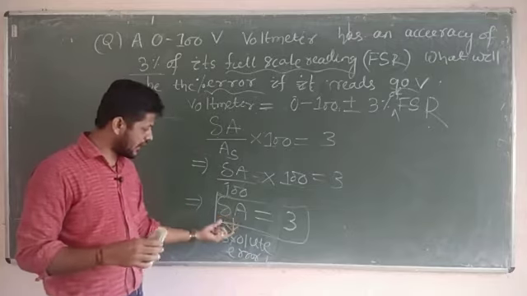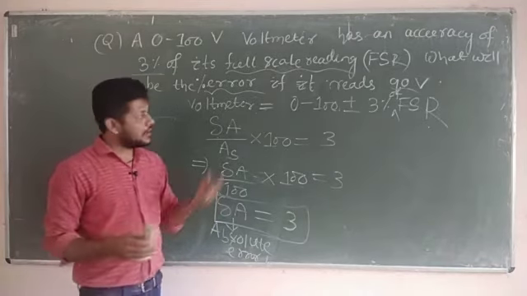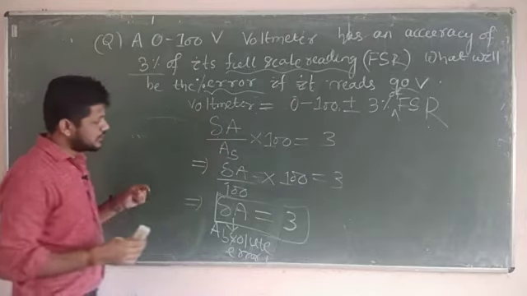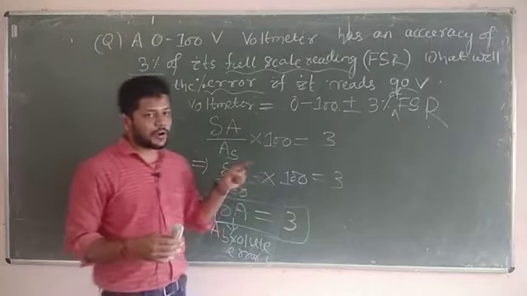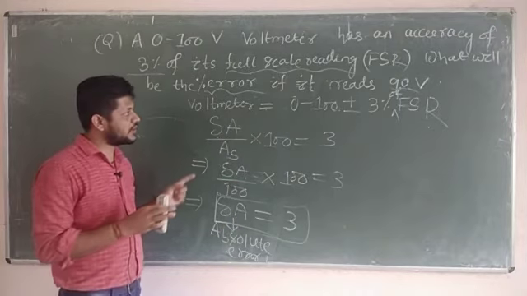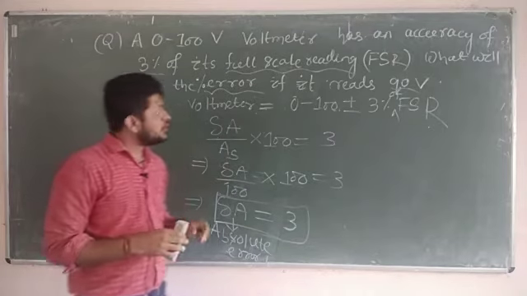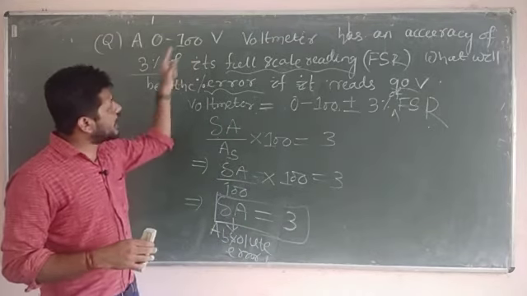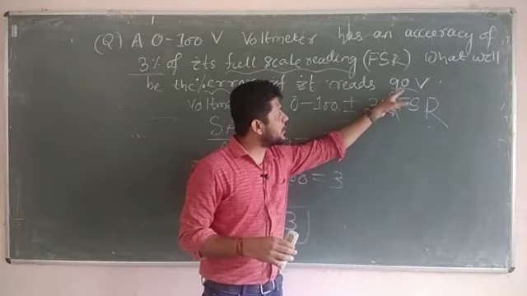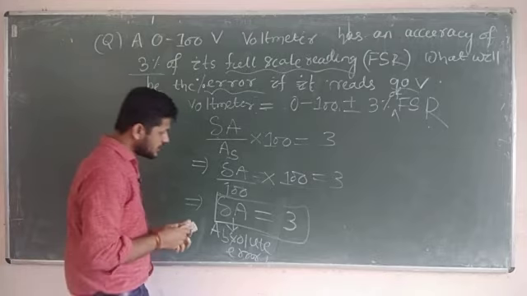That means this delta A equal to 3 remains the same at 100 volt or 50 volt or 20 volt or 0 volt. This 3 as an error will come every time, but your percentage of error changes with respect to your reading. This 3% is given at 100 volt, but he is asking to calculate the percentage of error at 90 volt. So how to calculate?